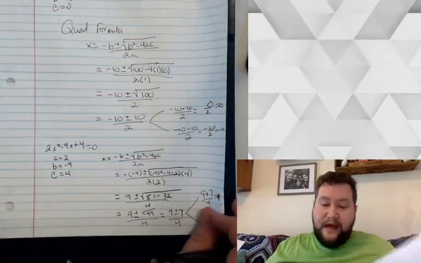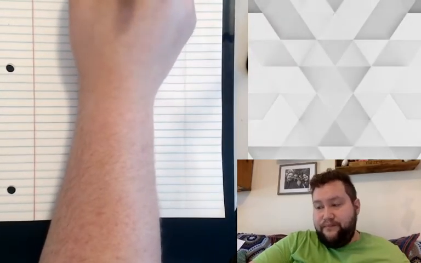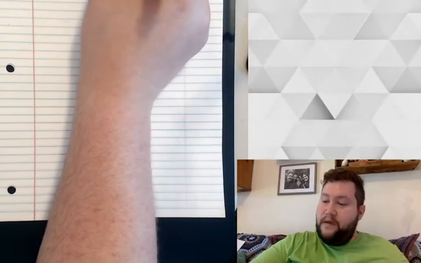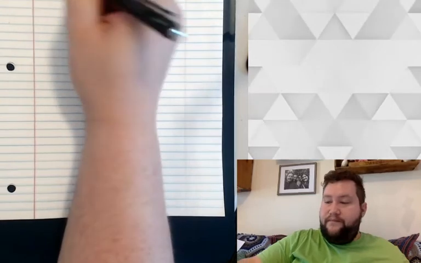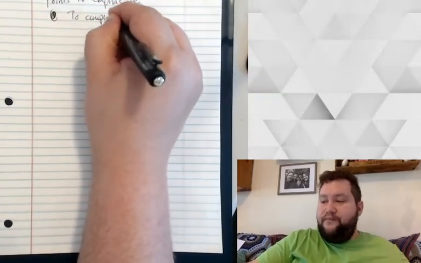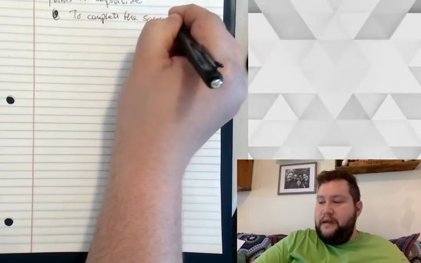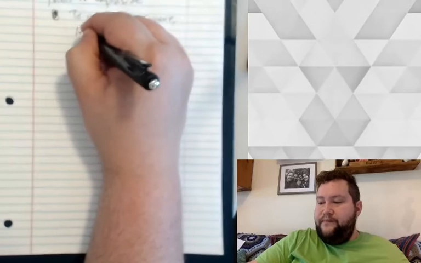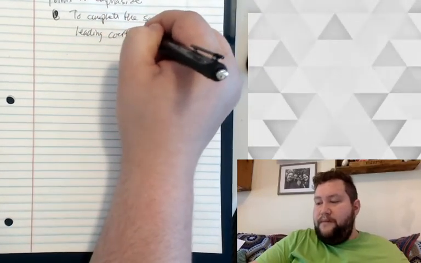And so, just a couple points of emphasis. So some points to emphasize, and then we'll be done. I'll just use bullets. To complete the square, leading coefficient must be 1.